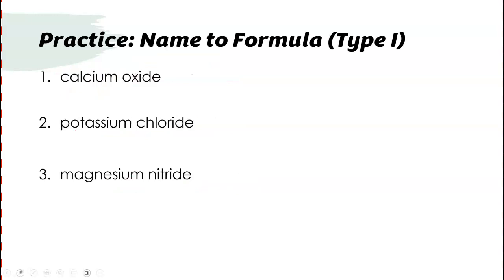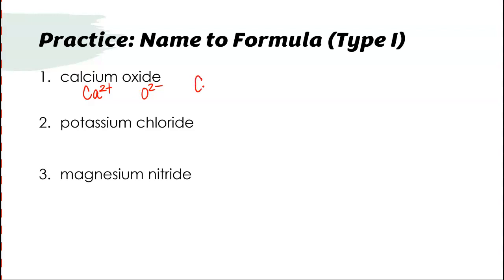So let's practice writing the formula. When I do this, I like to start by writing the ions so that I can see the charges. So calcium has a 2 plus ion, and oxygen, oxide, is 2 negative. And so that means that we have a 1-to-1 ratio here.